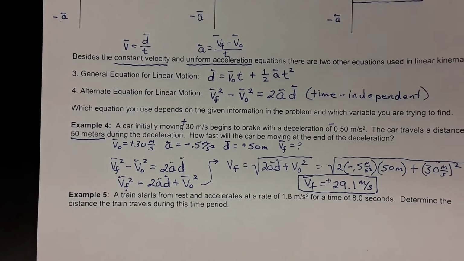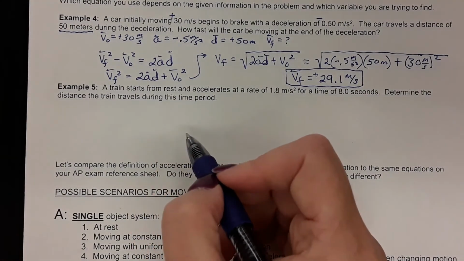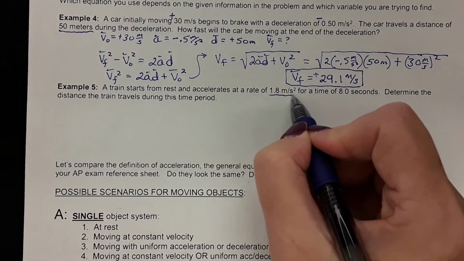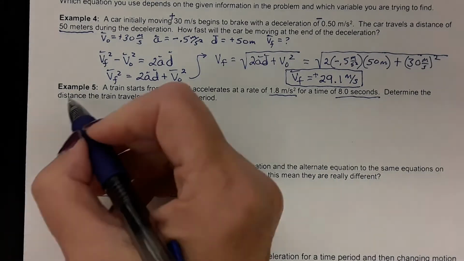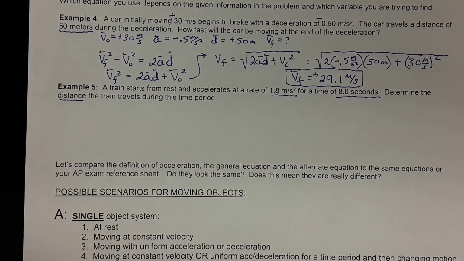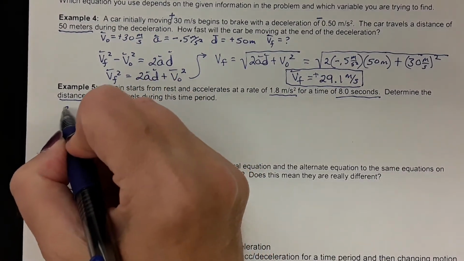Let's look at another one. A train starts from rest and accelerates at a rate of 1.8 meters per second squared for a time of 8 seconds. Determine the distance the train travels during this time period. All right, again, first thing you do, you pick out the numerical information, identify it. 1.8 meters per second squared, that's acceleration.